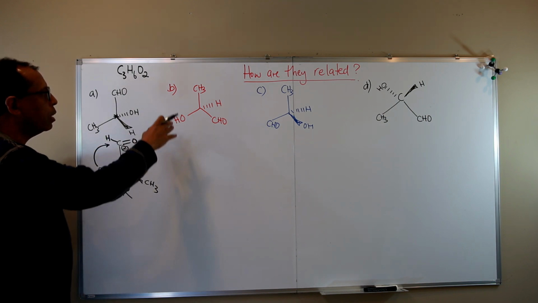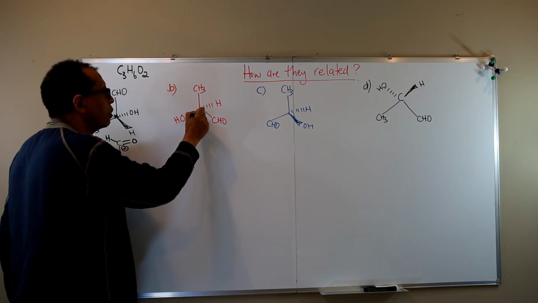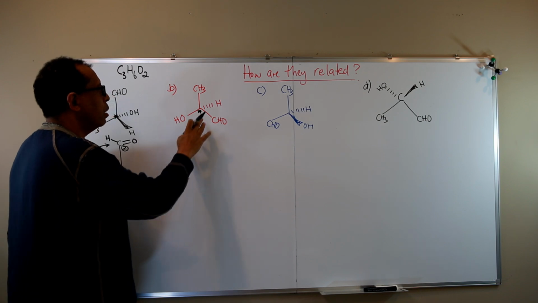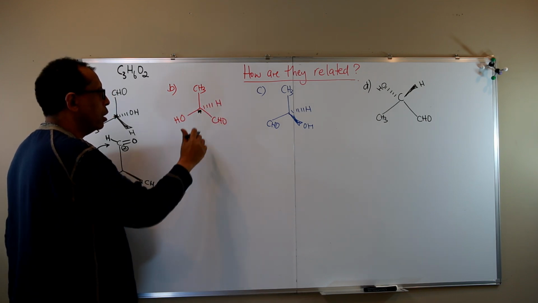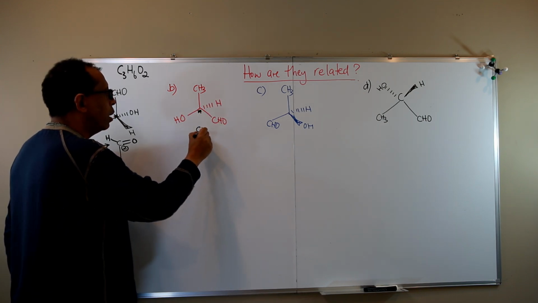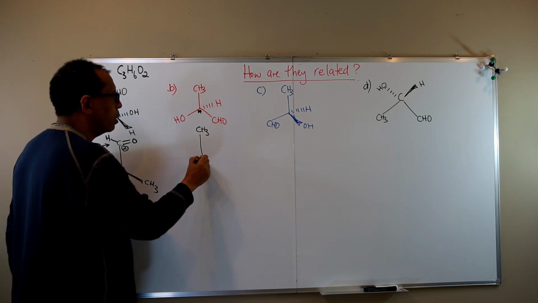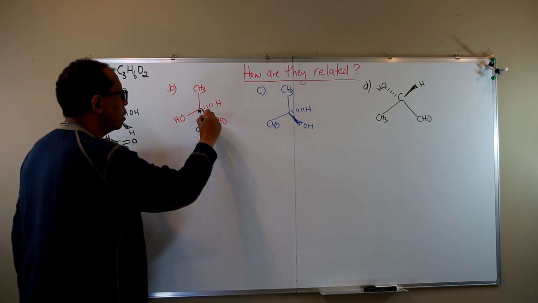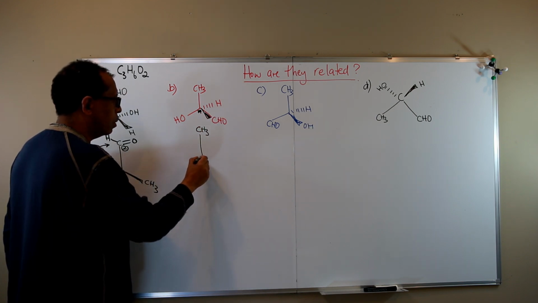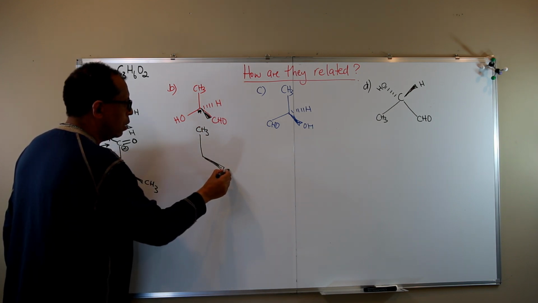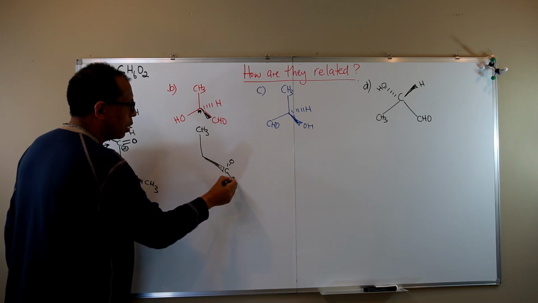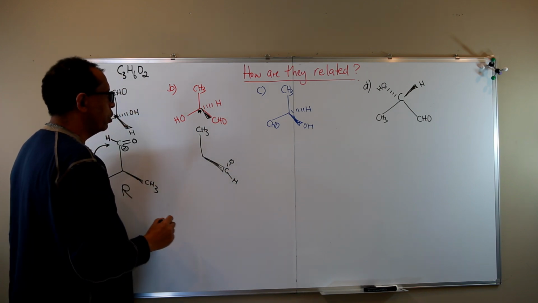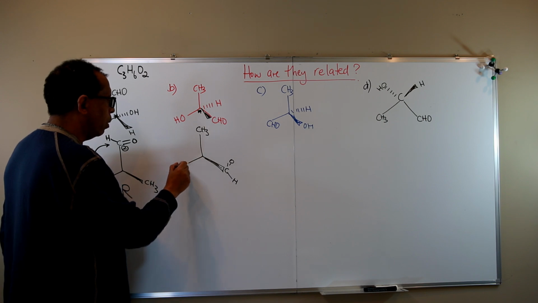So moving on to B, this is of course the chiral center. You don't have to redraw anything because hydrogen is already at the back. This is actually like this. Sorry, so this is COH, that's the aldehyde group, that's how you should draw it, and OH is like this.